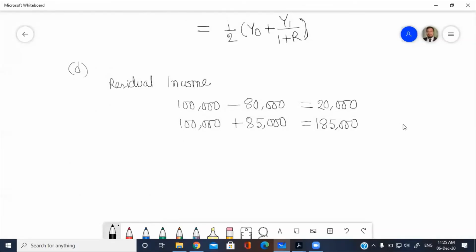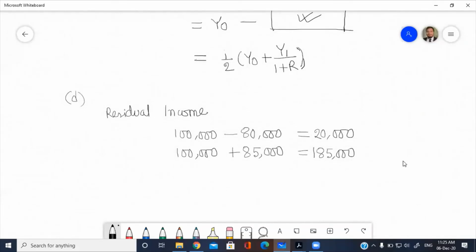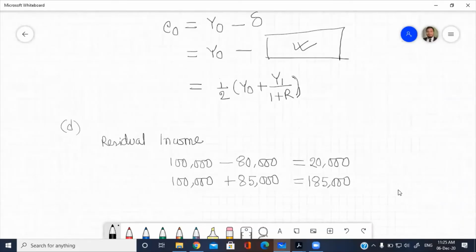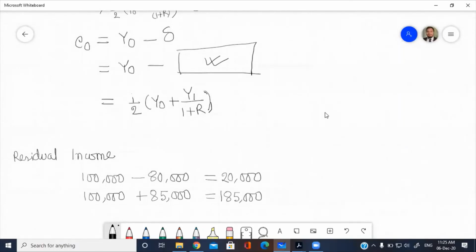Yes, sir. Okay. Now the question is, what happened to the optimal consumption if the thing is like that? So here, you see the C0 here. What will happen to the optimal current consumption? It will be half. Then why not here?